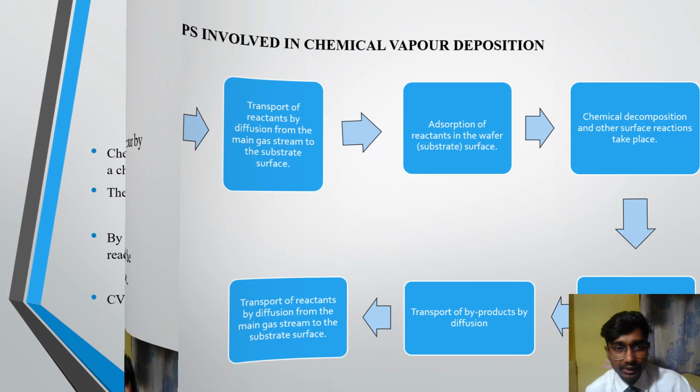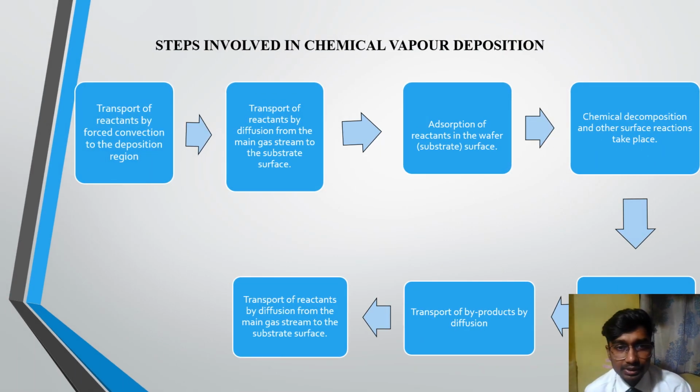Now, the next steps involved in chemical vapor deposition. There are 7 steps involved. Number 1 is the transport of the reactant by forced convection to the deposition region.